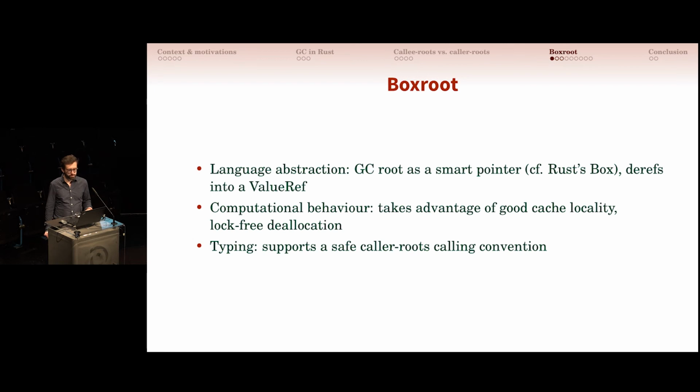In terms of computational behavior, it is a concurrent allocator using standard techniques. It means that you allocate the memory as contiguously as possible, and then it's fast to scan for the GC because it's very cache local. We support OCaml 5, and so we have a lock-free deallocation.